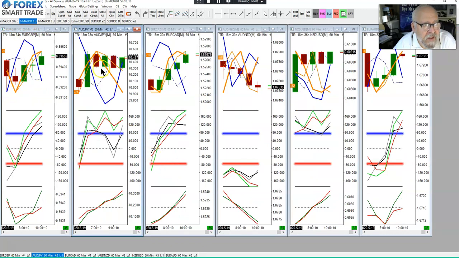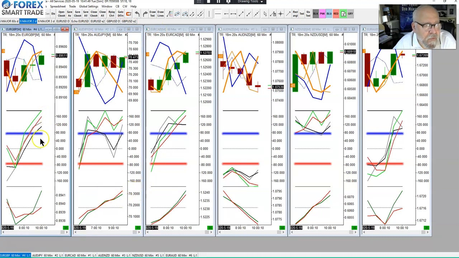What I've done is create a second pairing of 6 with non-U.S. pairs here. So a euro pound, overbought, pointing up. Euro CAD, overbought, pointing up.